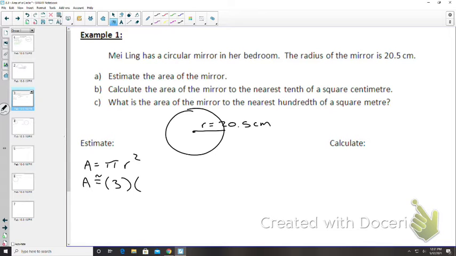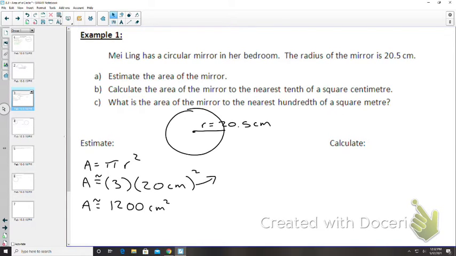Again, this is just an estimate, so let's do 20 centimeters squared. 20 times 20 is 400 square centimeters, multiplied by 3 gives us an approximate area of 1,200 centimeters squared.